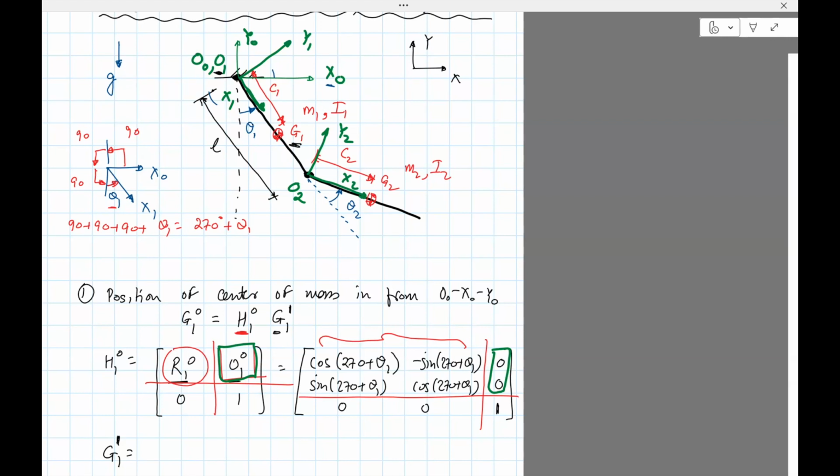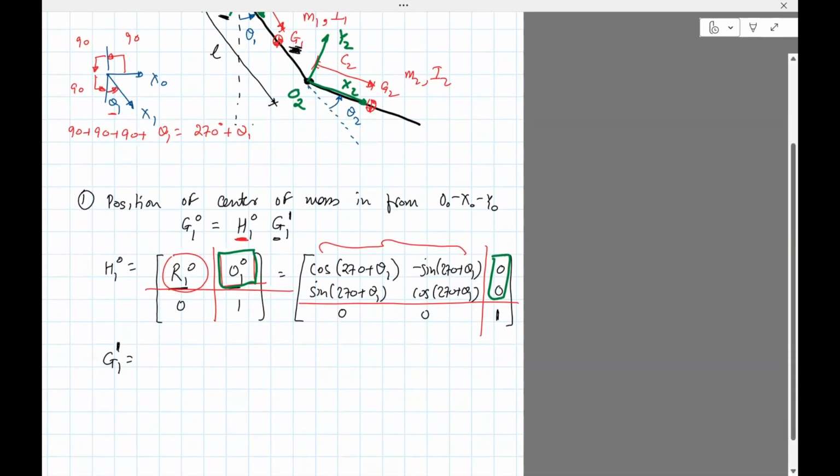So you can see that G1 is along x1. So the coordinates of G1 in frame x1 would be simply C1. The y coordinate is 0 because it's only along the x-axis.